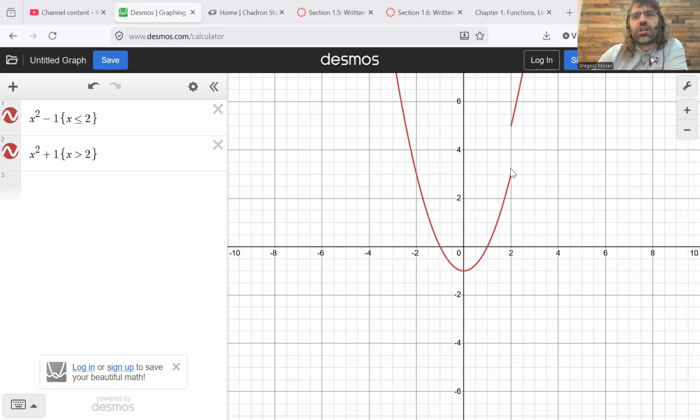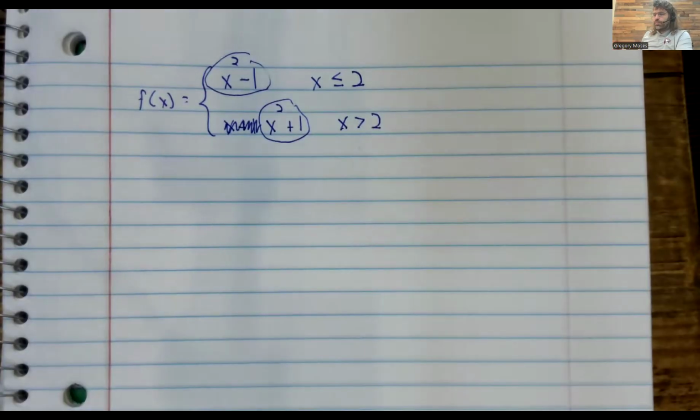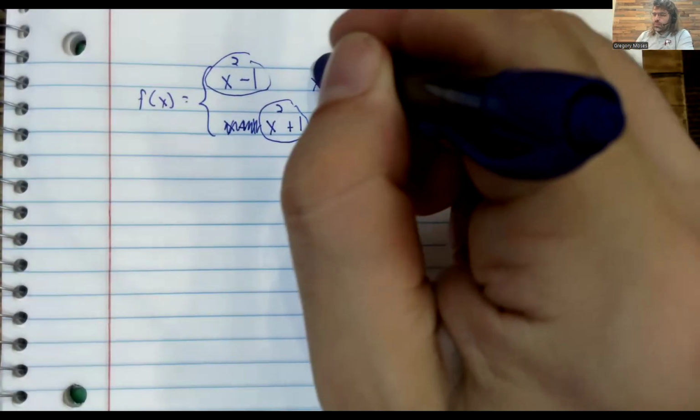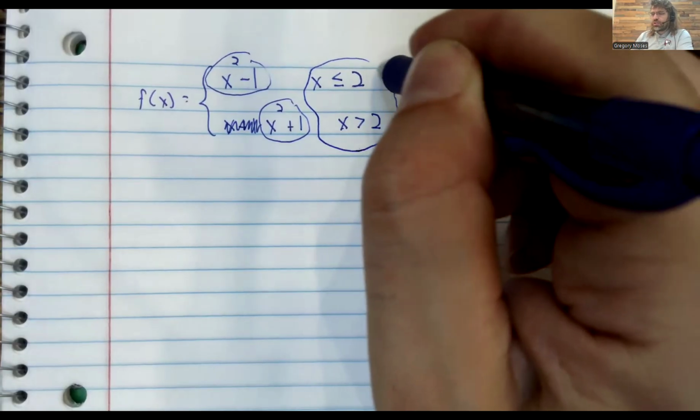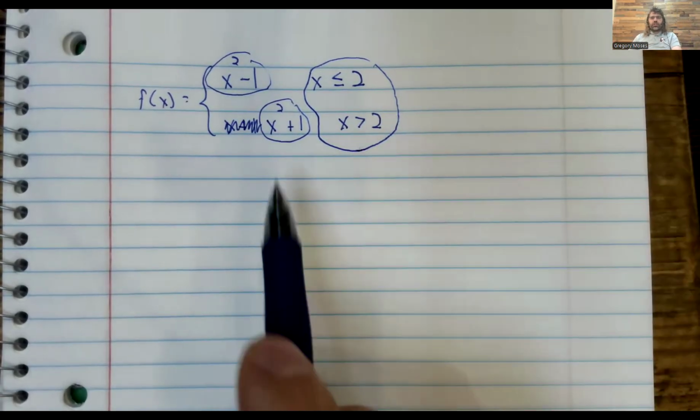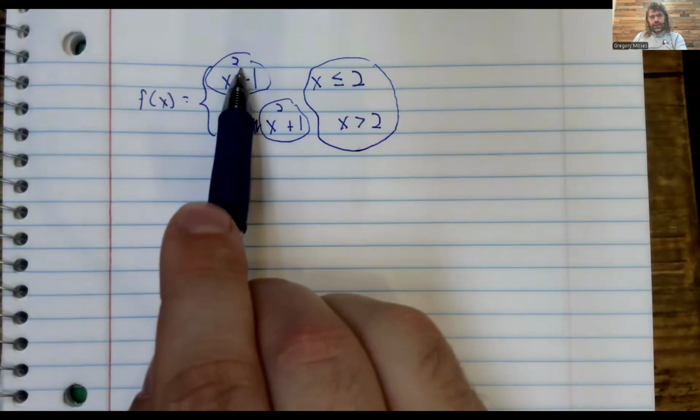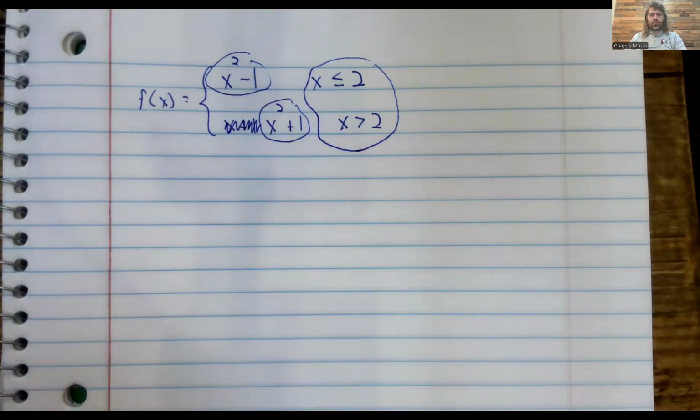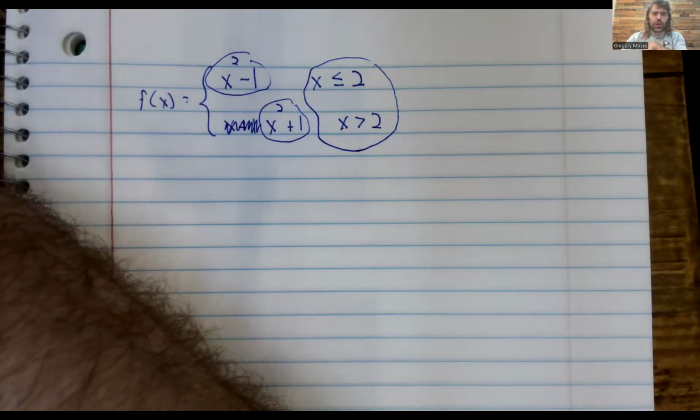There is a discontinuity at 2, remember, being the joint, being the place where we change from x squared minus 1 to x squared plus 1.